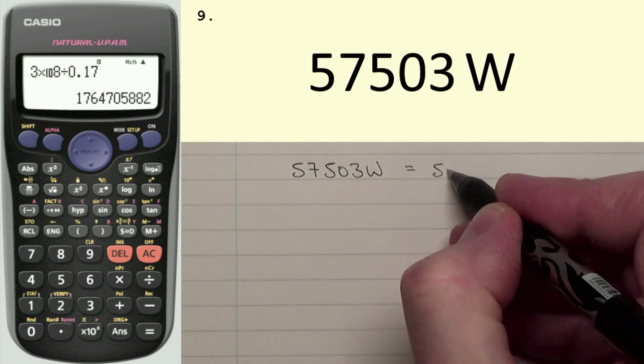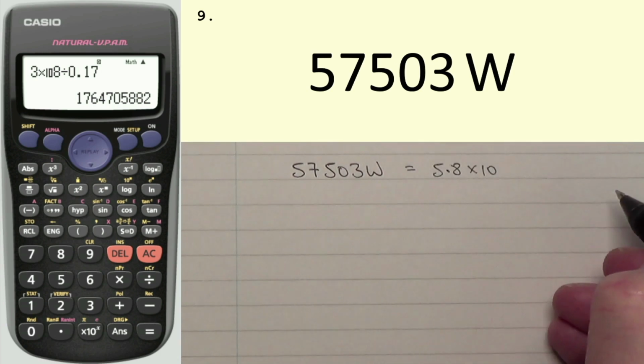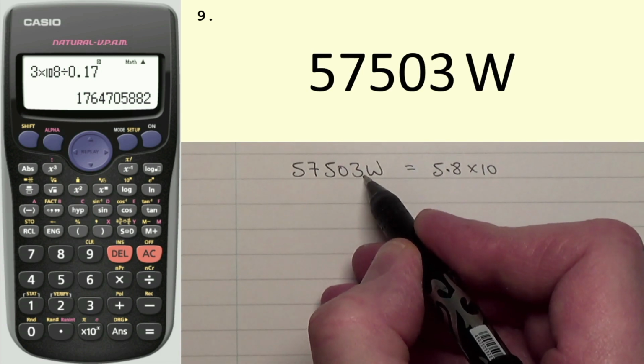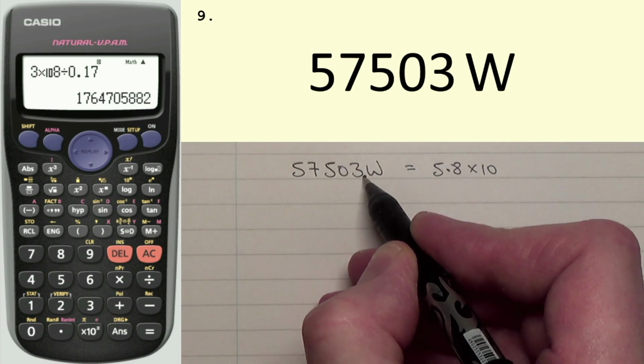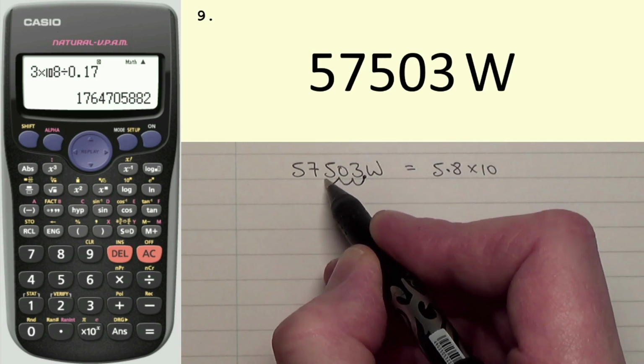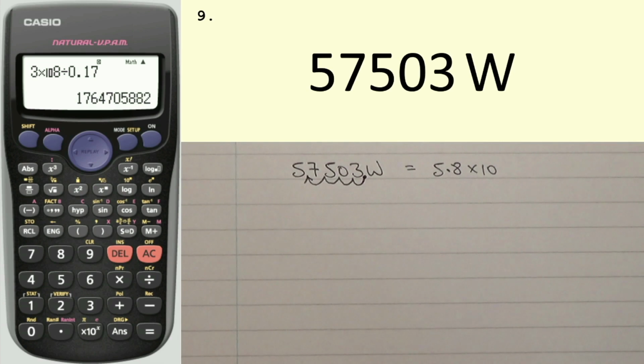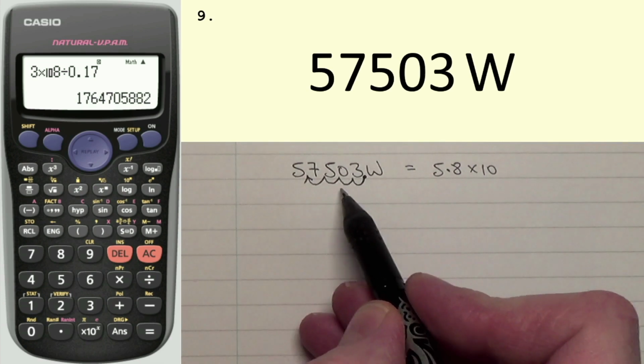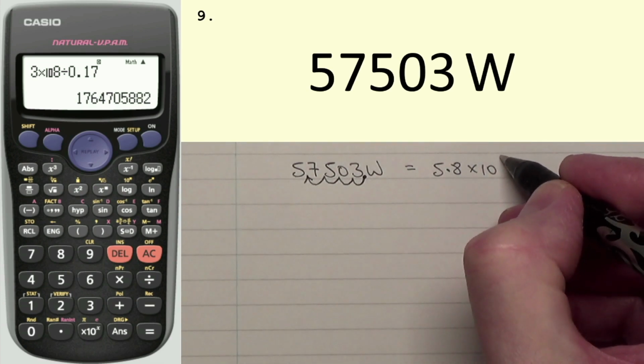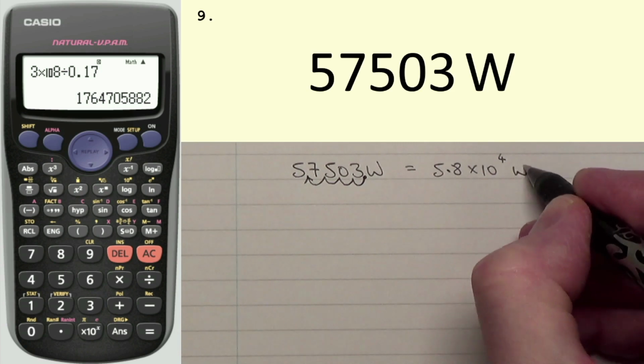So that gives me 5.8 times 10 to the power of, well, at the moment the point would be here. And I would need to move that 1, 2, 3, 4 positions to the left to get it between the first and second figure here on the left. So as I said, 4 positions to the left means that's 5.8 times 10 to the power of 4 watts.